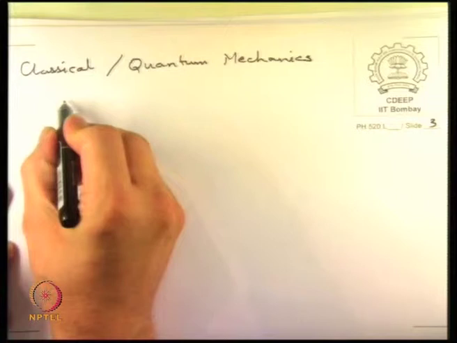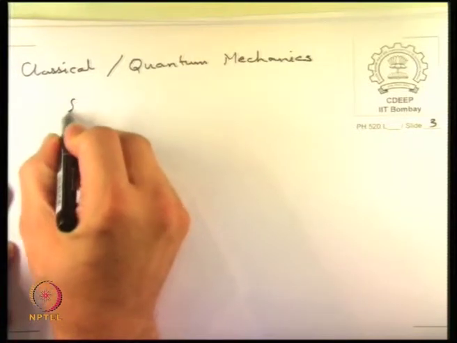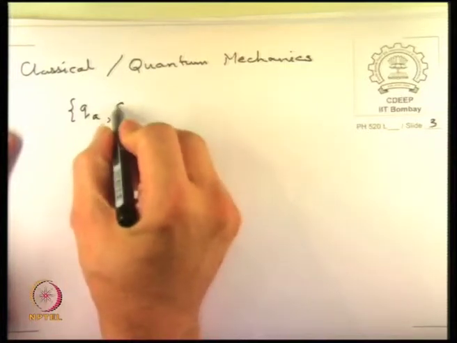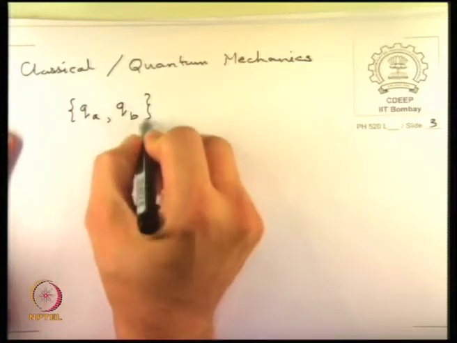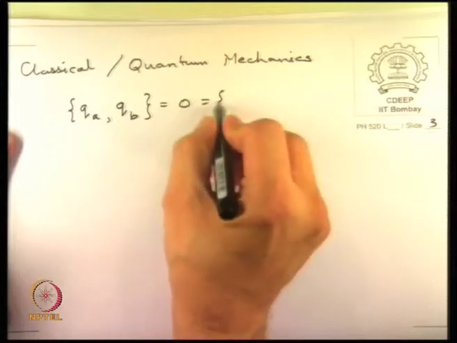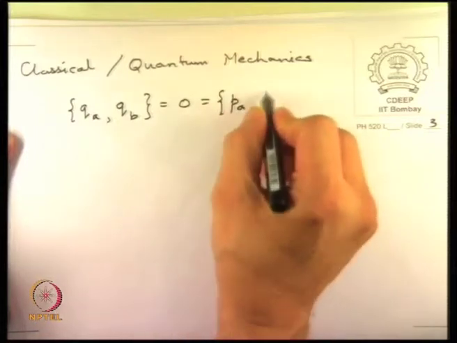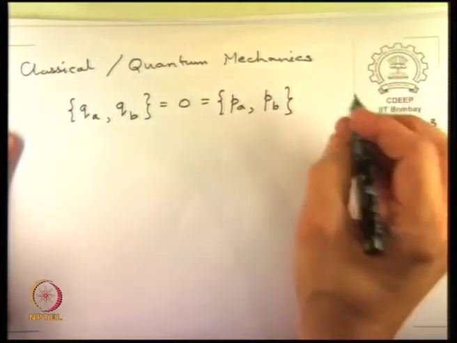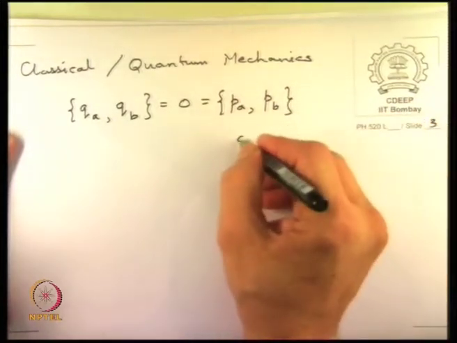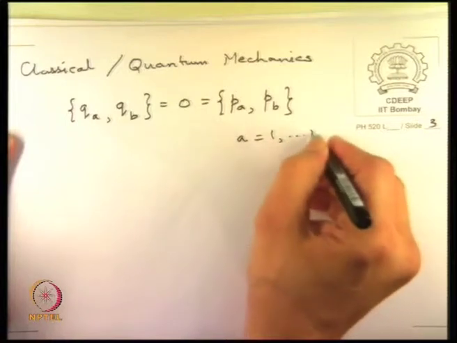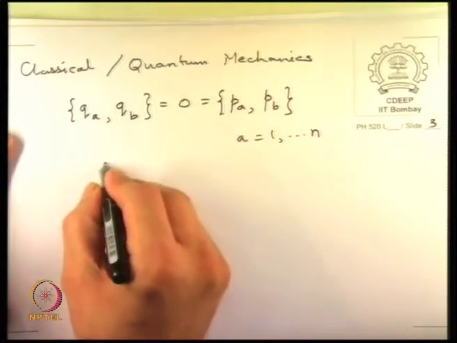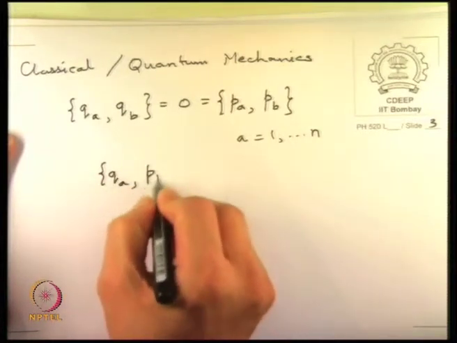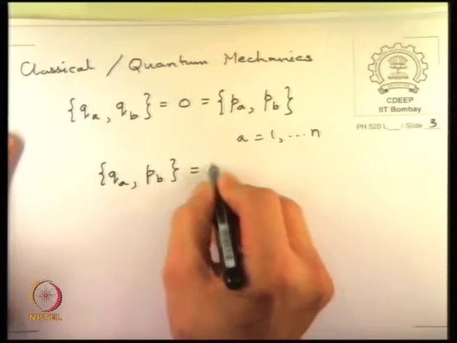We have either the Poisson brackets, which we say {Q_A, Q_B} equal to 0 equal to {P_A, P_B}, A equal to 1 to N, but we also have the requirement that {Q_A, P_B} are equal to delta_AB.